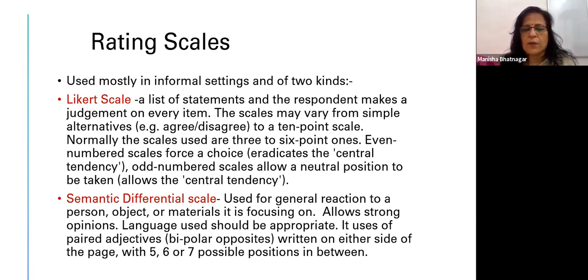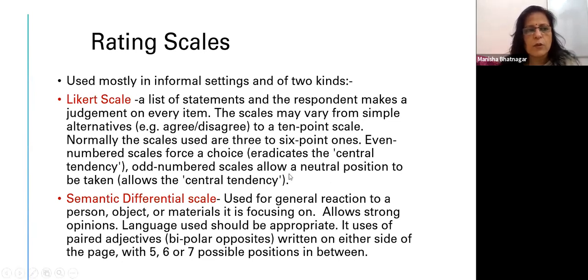Now we must use very appropriate language, and you can use paired adjectives, bipolar opposites. I'll show you an example, then you will understand what this is about. And you can have either side of the page, with 5, 6, or 7 possible positions in between. It could be a 5 scale, or a 6 scale, or a 7 scale.